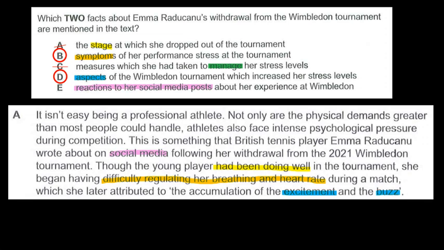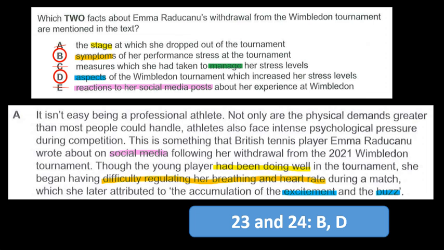It does mention her social media. So she wrote something on social media. She has made some posts, but did people react to it? No mention of that. So that one can go, and that just confirms that B and D are correct. So for 23 and 24, the answers need to be B and D, or D and B.